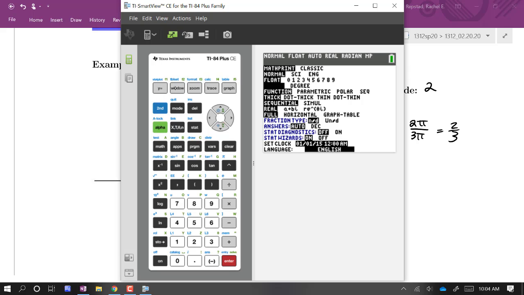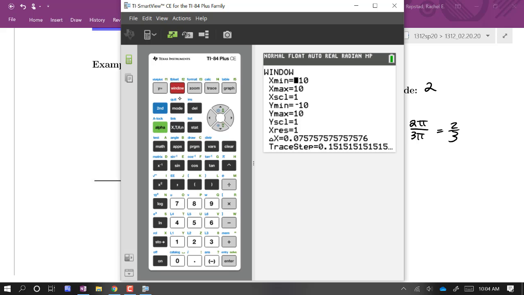Next, what I'm going to do is just set my window. My x really just needs to go from 0 to 2/3. The scale, that's how often it makes a little tick mark.